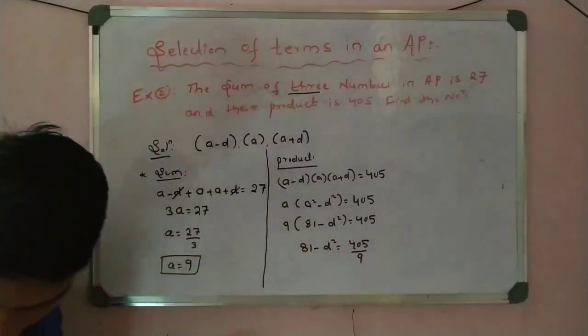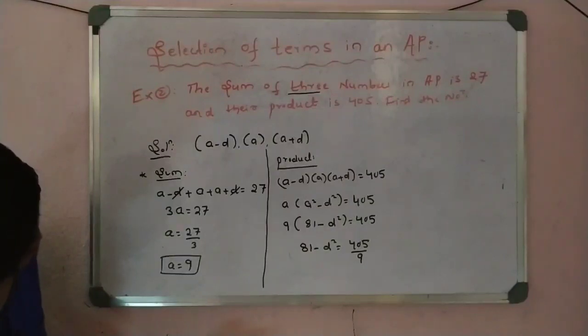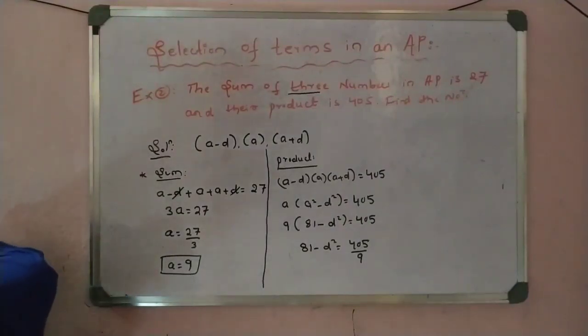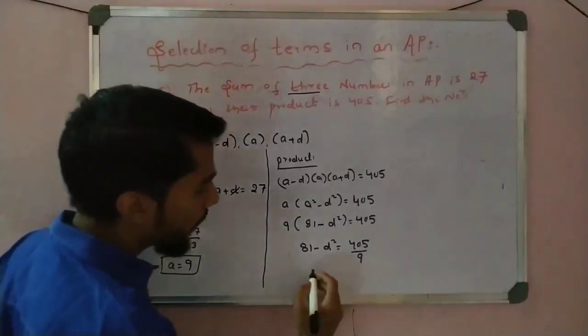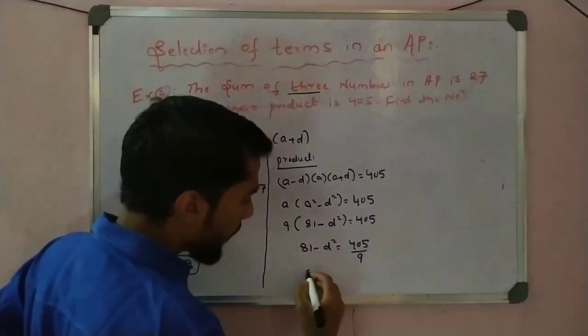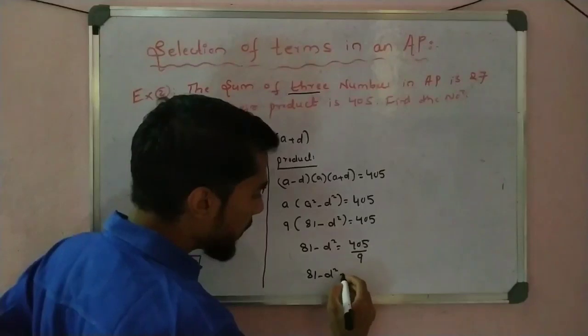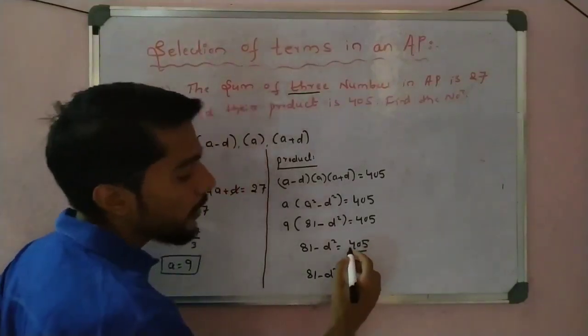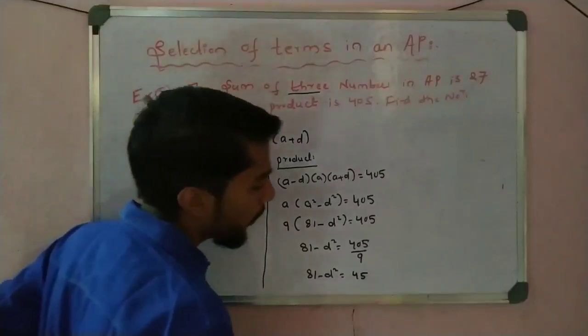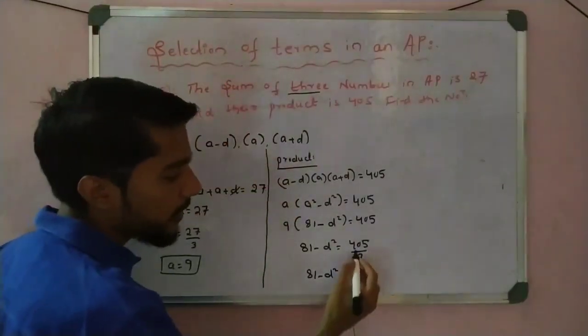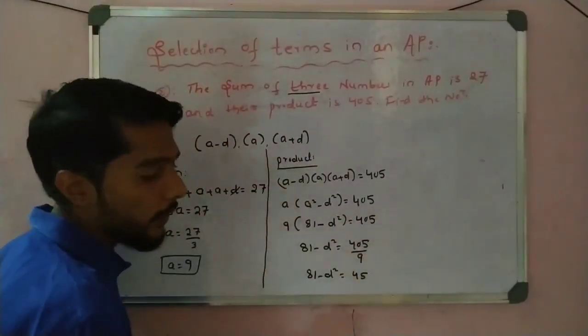Now let us solve. If we divide 405 by 9, we get 45. Okay, because 9 fives are 45, we get 45 here.